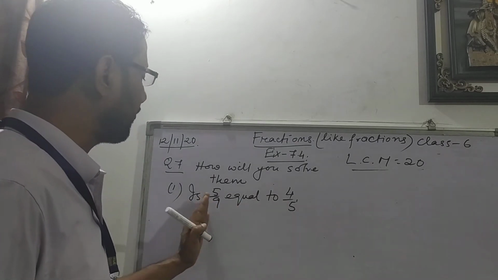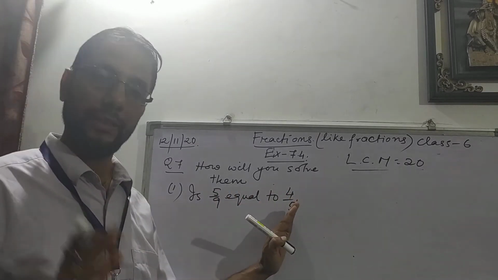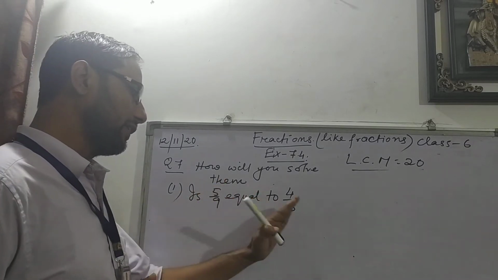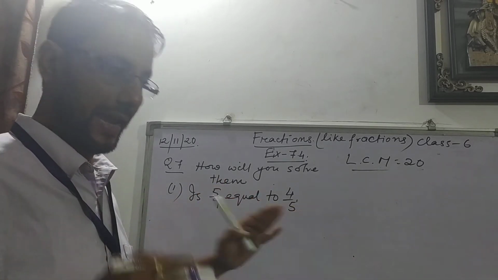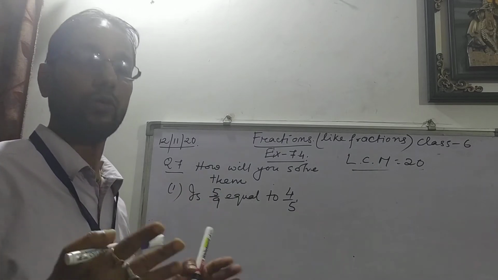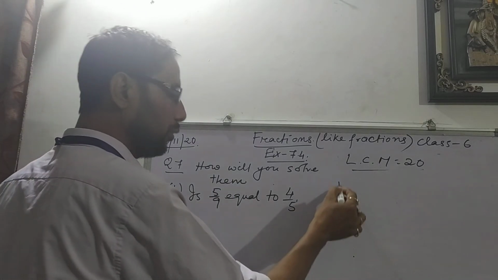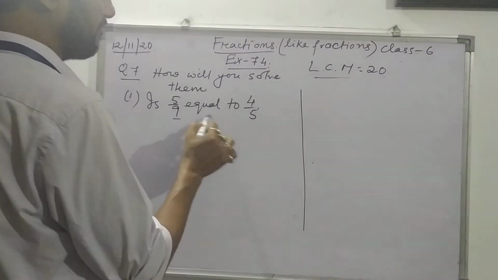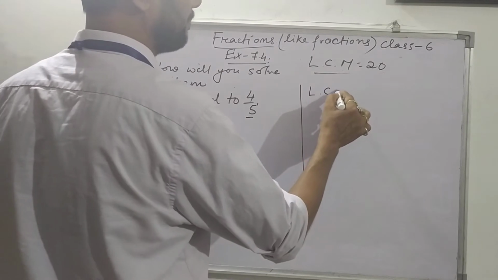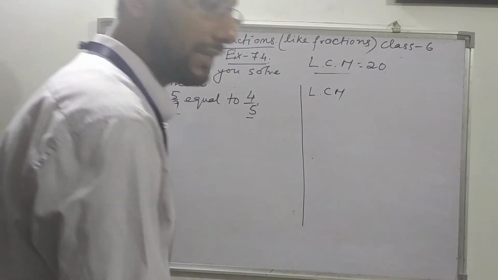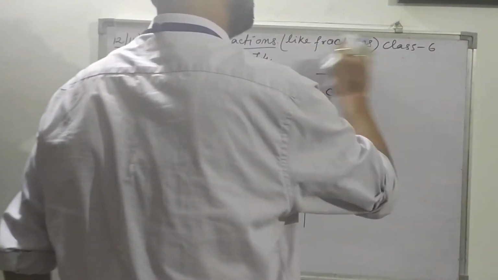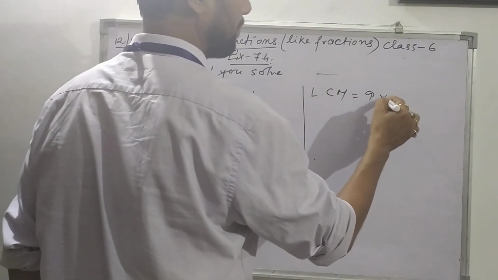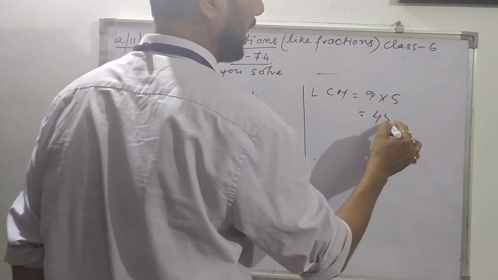Now we can see that the fractions are not like, they are unlike fractions. So now what will I do? I will convert these two fractions into like fractions, as we have already discussed how to convert. See, 9 and 5, so LCM of 9 and 5 is 9 multiplied by 5, which is 45. Why have I multiplied?